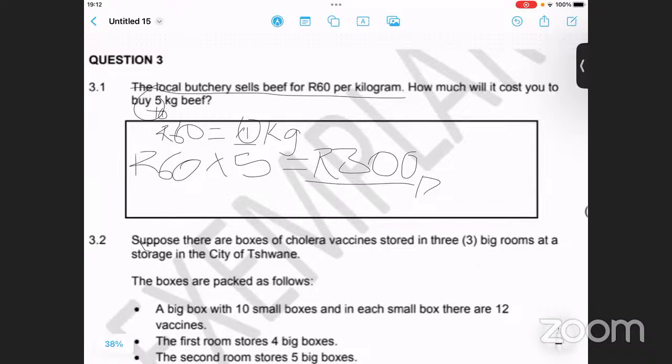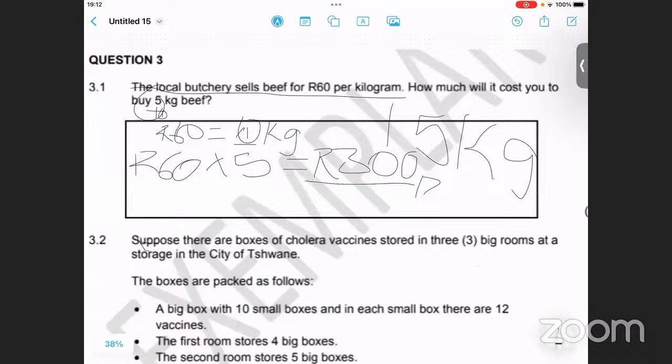Manahil, how are we going to calculate it if they ask us how much it will cost to buy 15 kg? Manahil, are you still there? Yes, ma'am.